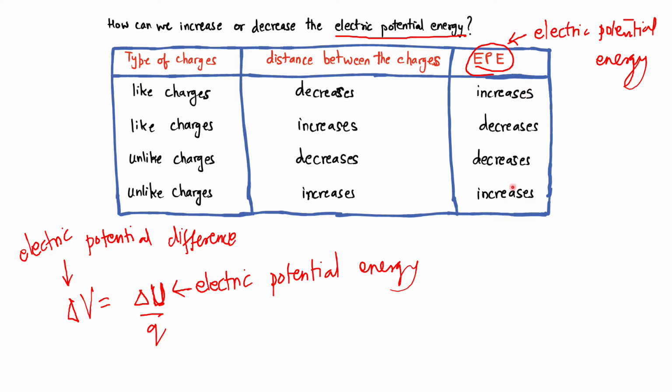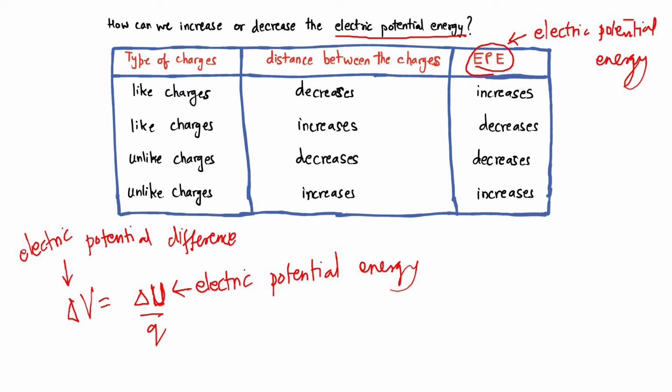There are different ways to do it. If you want to increase electric potential energy, then you have to bring the like charges closer to each other. If you want to decrease electric potential energy, you have to take the like charges away from each other.